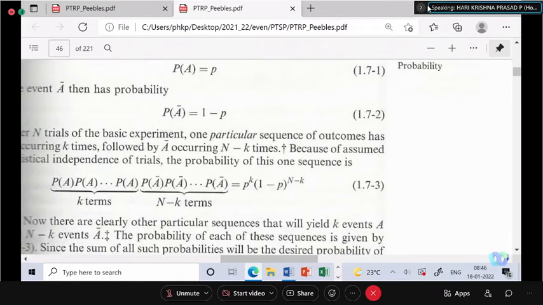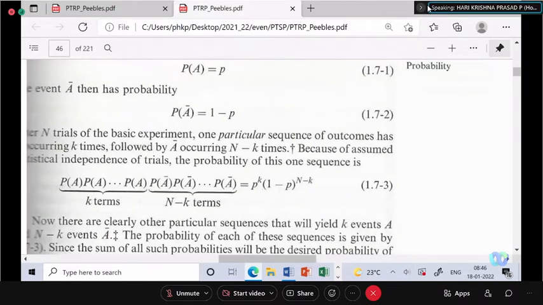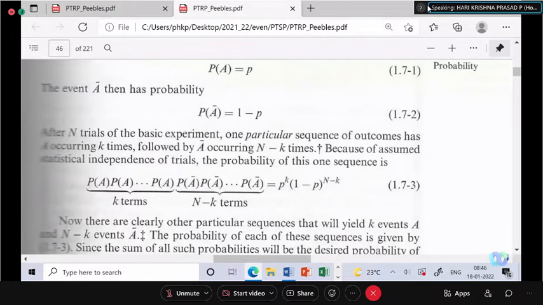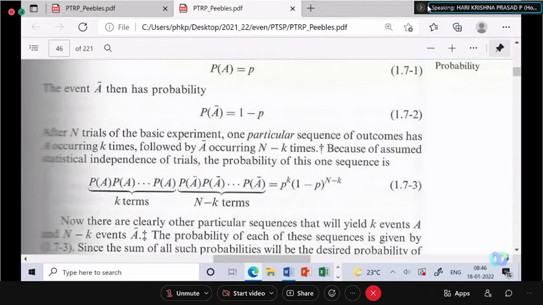Now, suppose the experiment is repeated how many times? Capital N times. For each trial, I will get one outcome. So, when I repeat the experiment capital N times, I will get capital N outcomes.